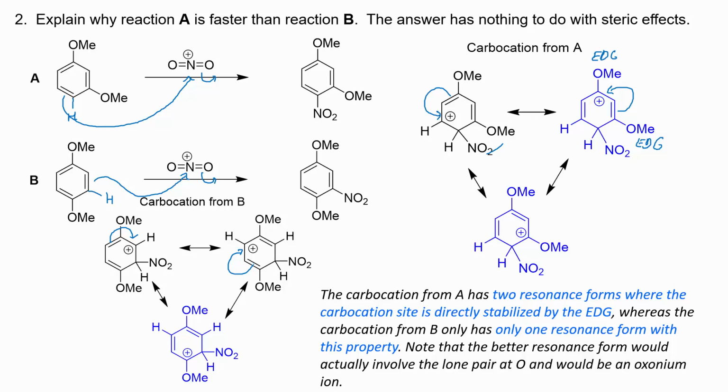Basically, the carbocation in A has more stabilization from the OMe groups than the carbocation in B. Technically, the best carbocations of all would not be these carbocation resonance structures, but I'll just draw one of them right here. They would be the oxonium ion resonance forms that you get from this resonance interaction here.